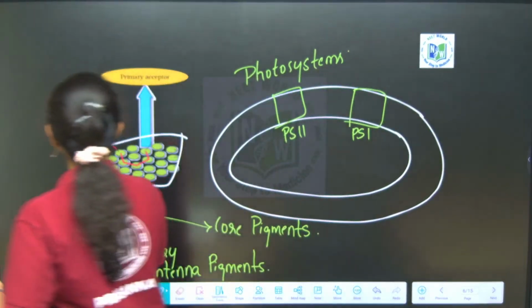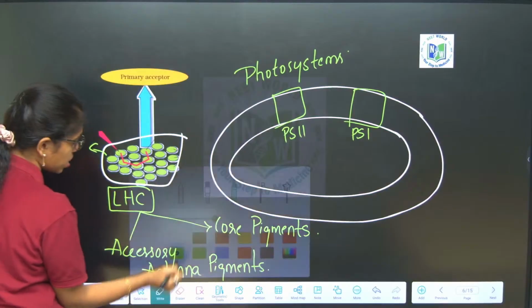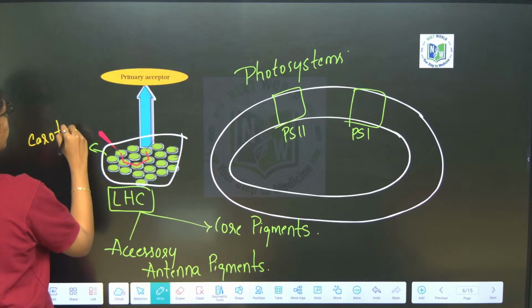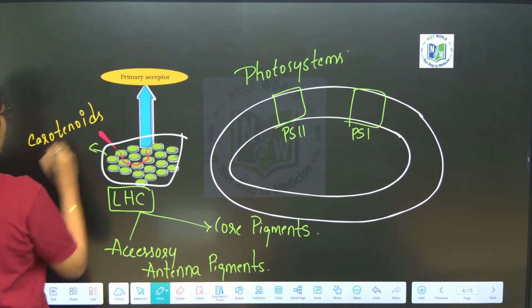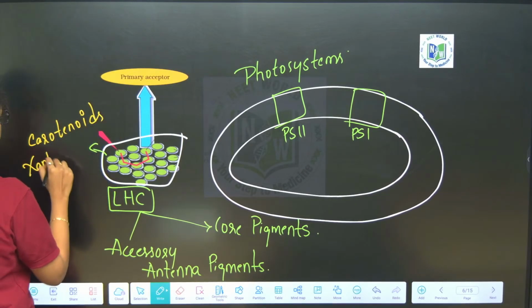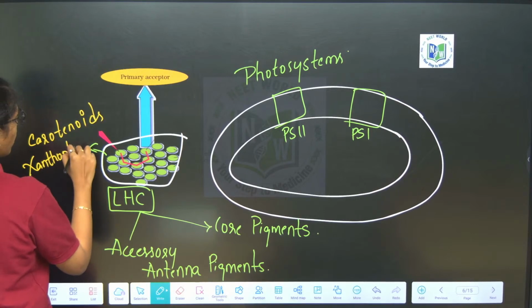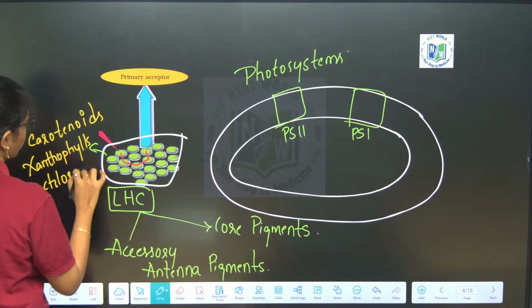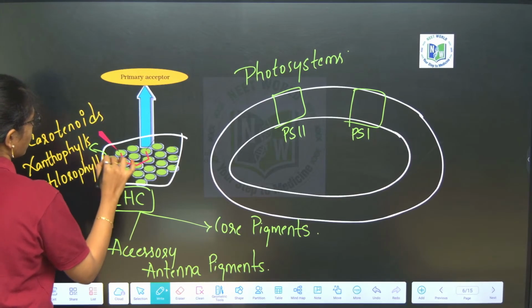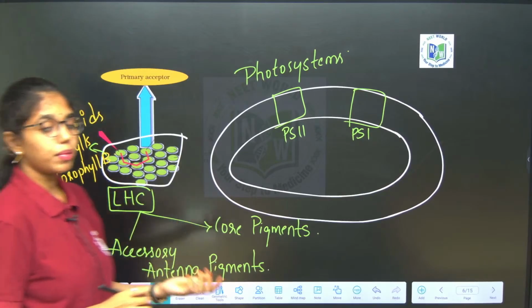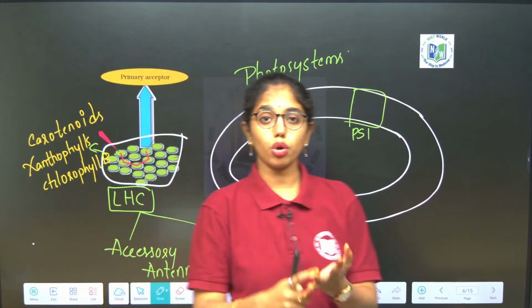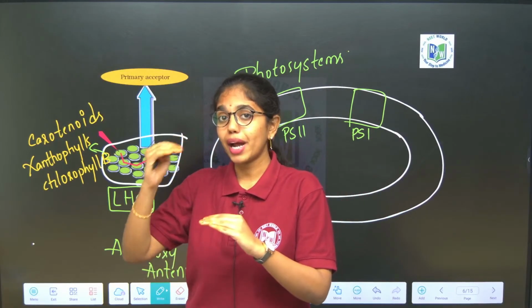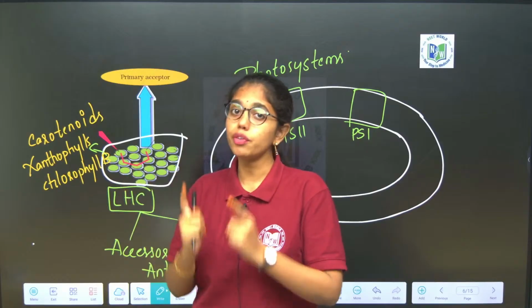Accessory or antenna pigments include carotenoids, xanthophylls and chlorophyll B. They absorb light at lower wavelengths compared to chlorophyll A and at different wavelengths.